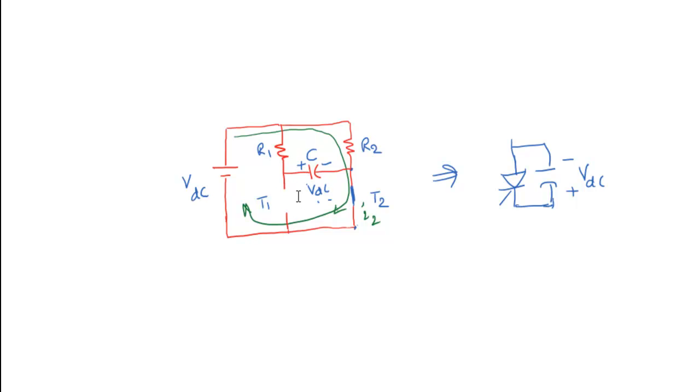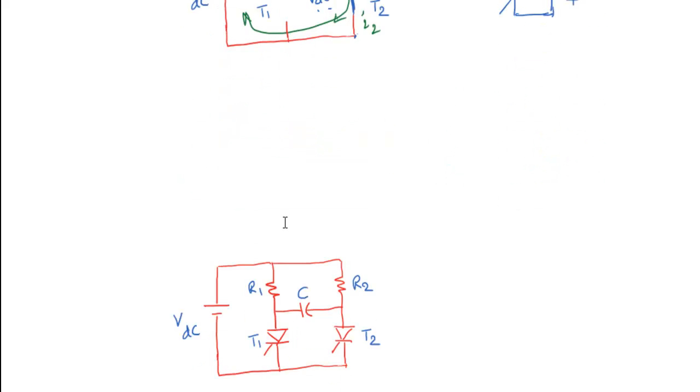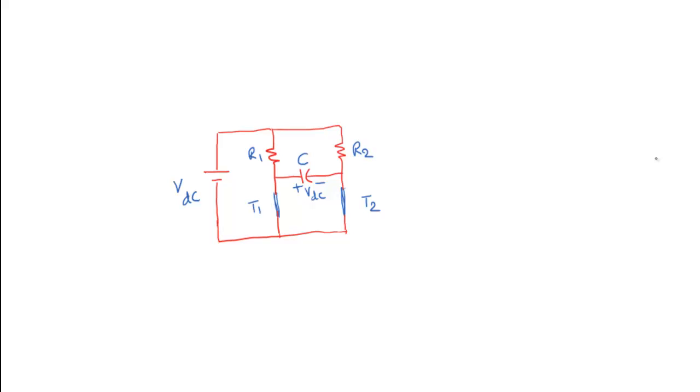If you want to turn off this thyristor T2, then we need to turn on the thyristor T1 again. If you turn on T1, then again this voltage potential point and this voltage potential point are similar. That means this will act as a short circuit.